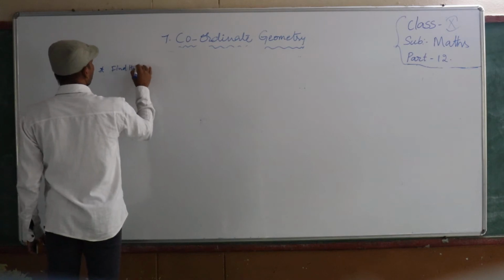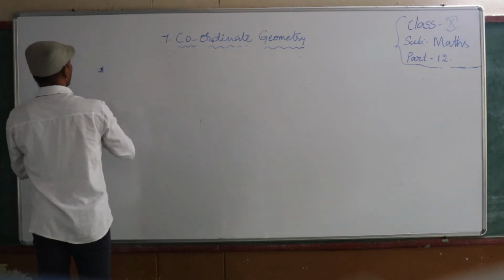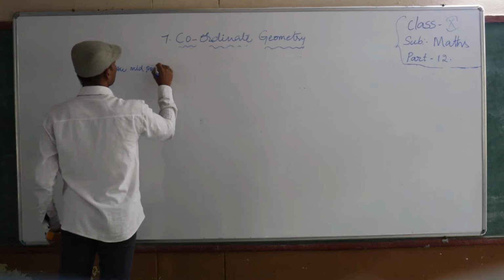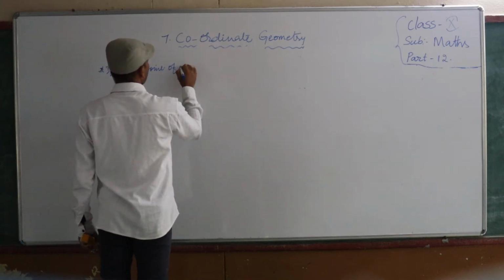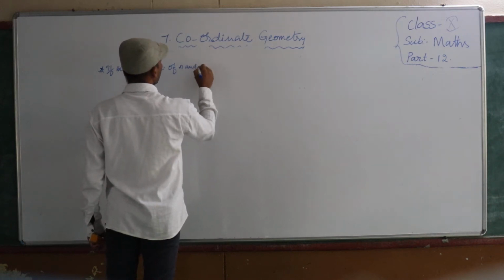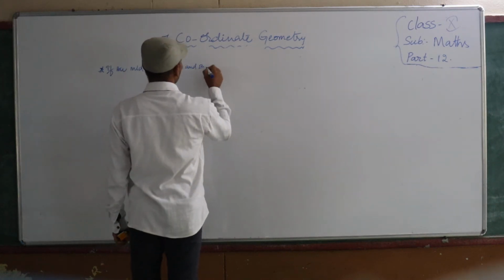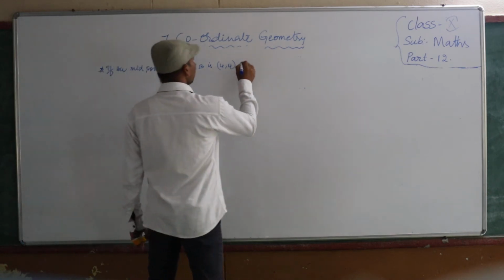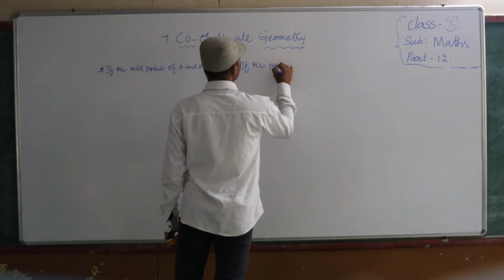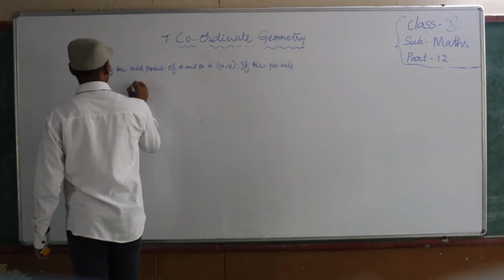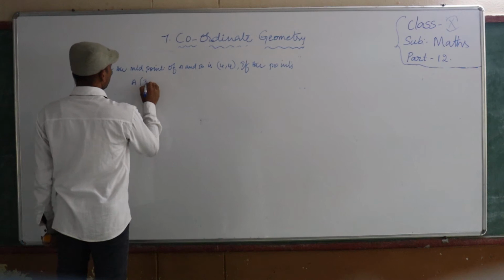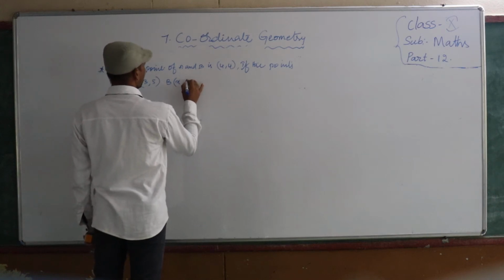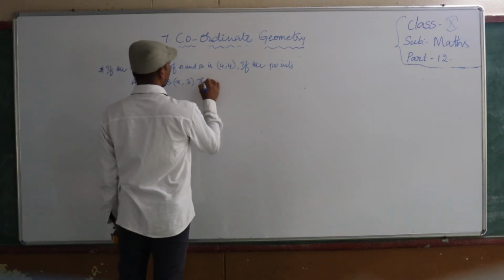Right, so like this. See, find the value of x if the midpoint of A and B is (4, 4), if the points are A (3, 5), B (x, 3).